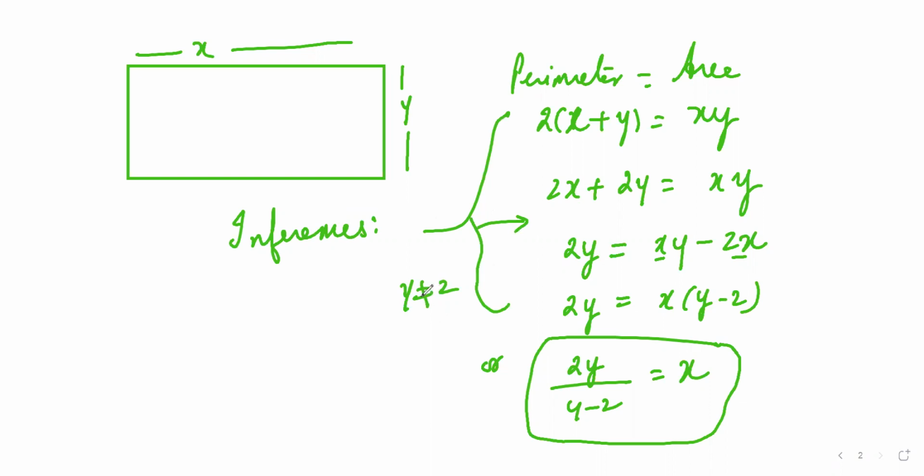And from this, one of the other inferences is y is not equal to 2, since if y equals 2, then y minus 2 is equal to 0, so the denominator becomes 0. The length or the breadth for that matter cannot be 0. The next thing, I'll take it forward: 2y by (y minus 2) is equal to x.